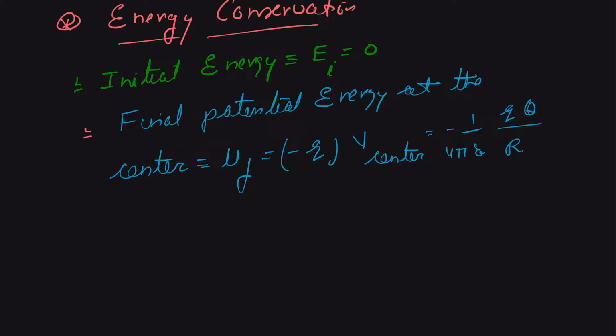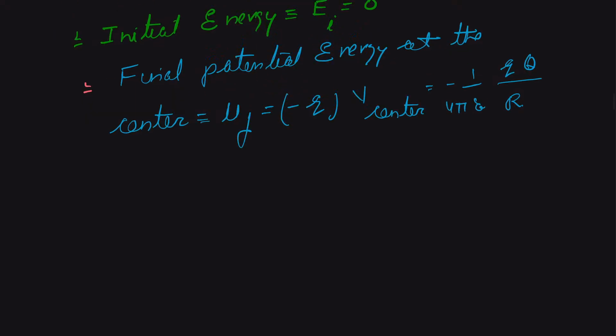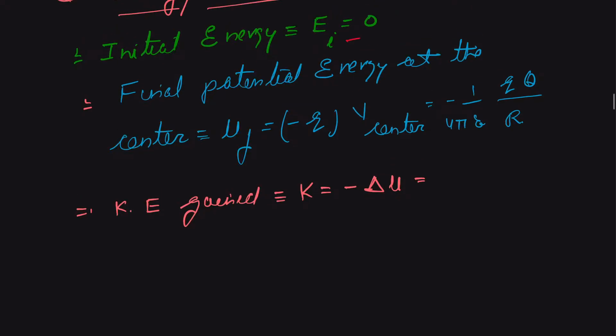And then we can find out the gain in kinetic energy. Okay. So you can say that kinetic energy gained, let us suppose that is our K, will be equal to minus delta U. Okay. And initial energy was equal to 0, and this was our final energy.